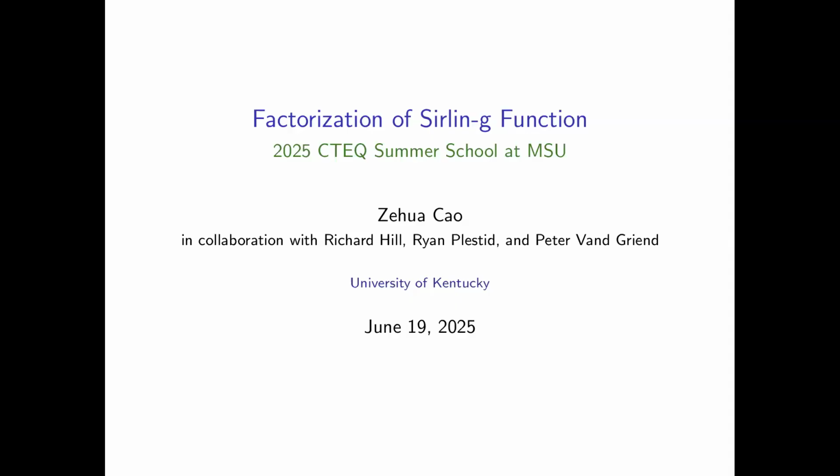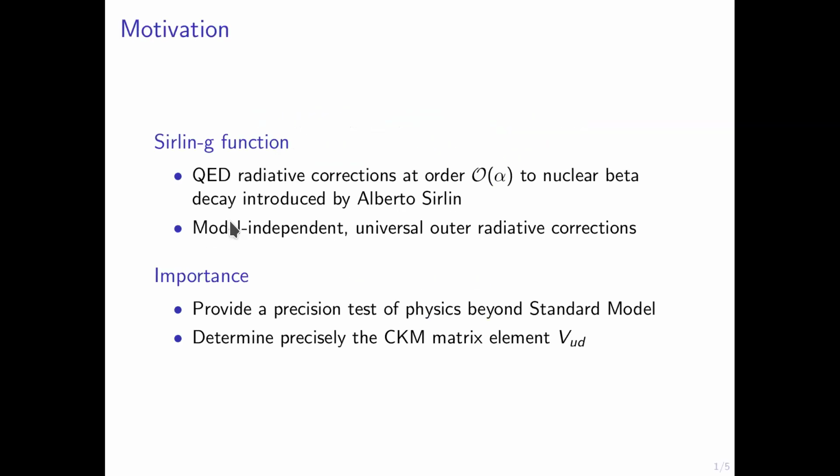Thankfully, this project is in collaboration with my advisor, Richard Hill, and Ryan and Peter, who are postdocs at Caltech and Fermilab respectively. The motivation to investigate the Sirlin-g function is that it describes the QED radiative corrections at leading order to nuclear beta decay, first introduced by Albert Sirlin.